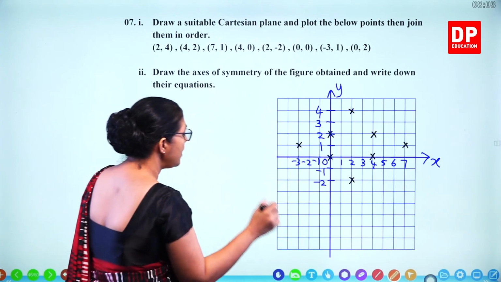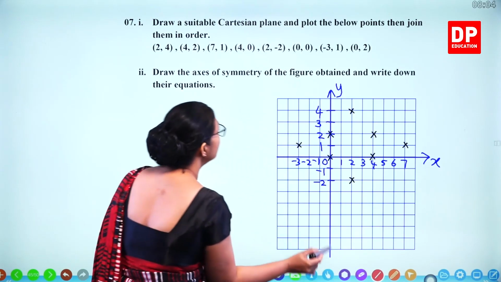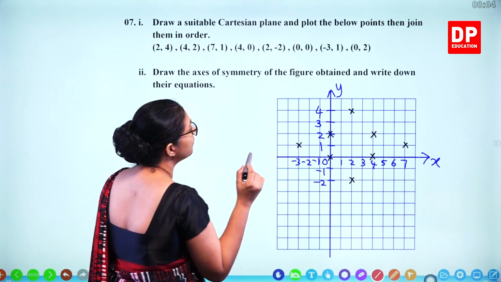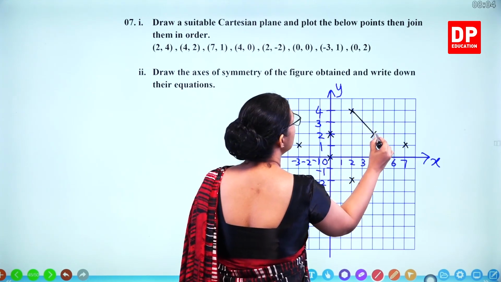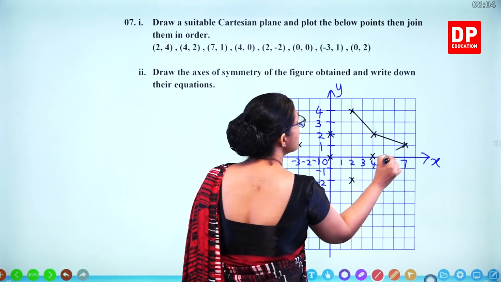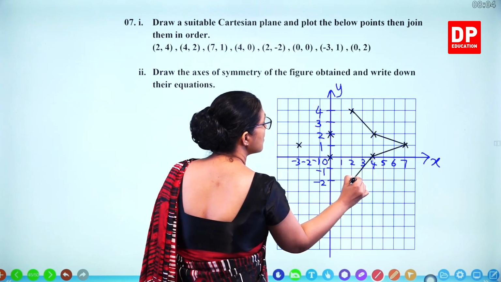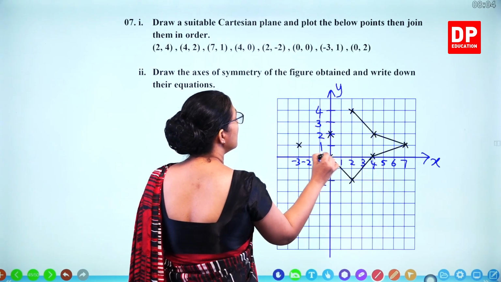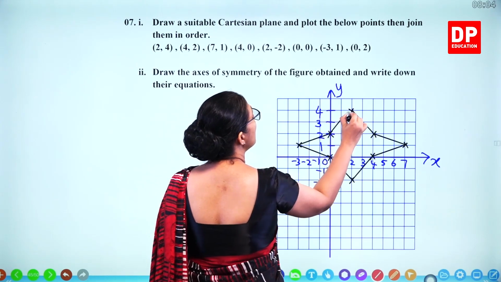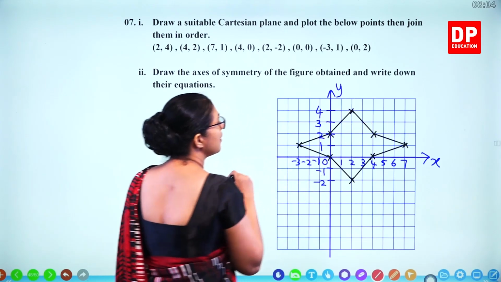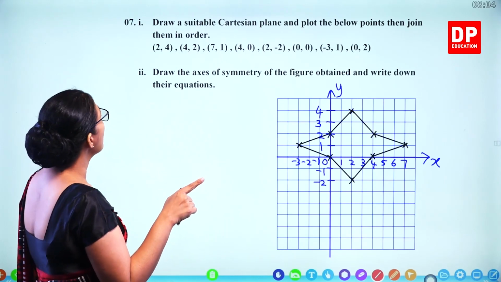And now we can connect the points in order, starting with 2, 4. And we mark this one, this, here, here, here and here. So that's the diagram you are getting.